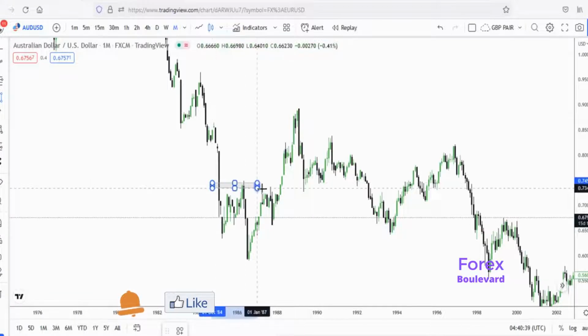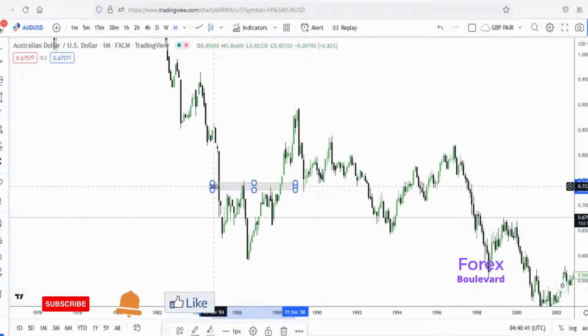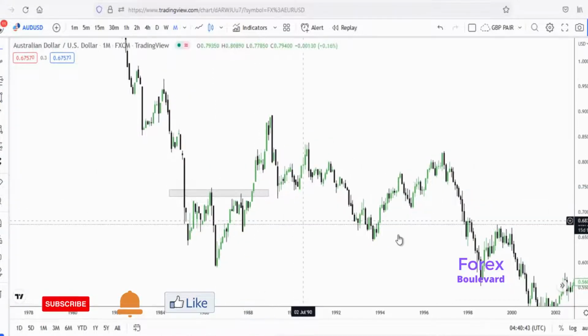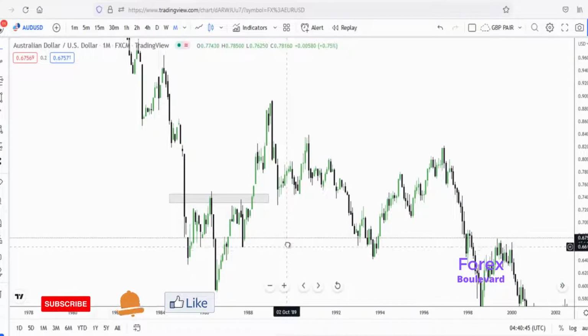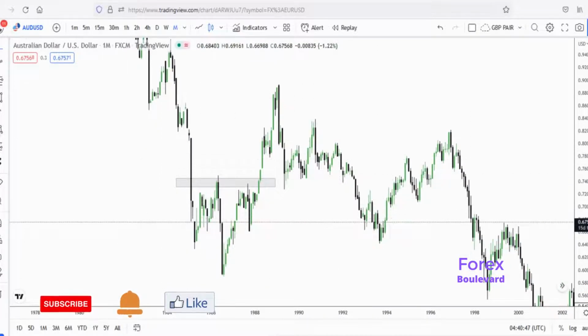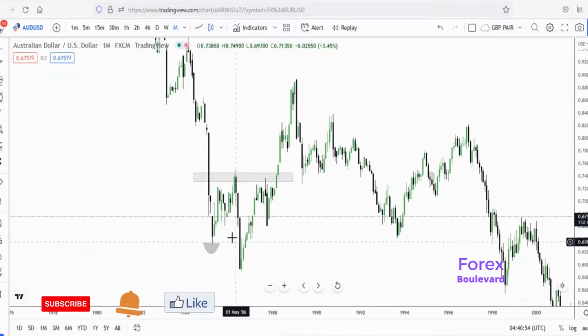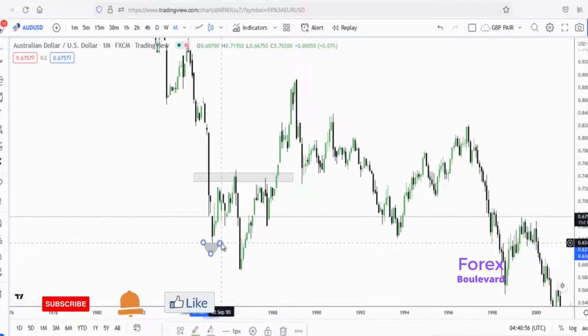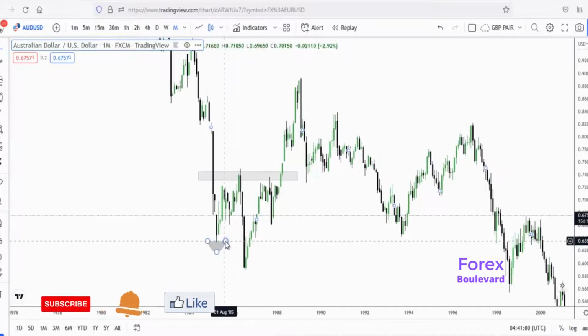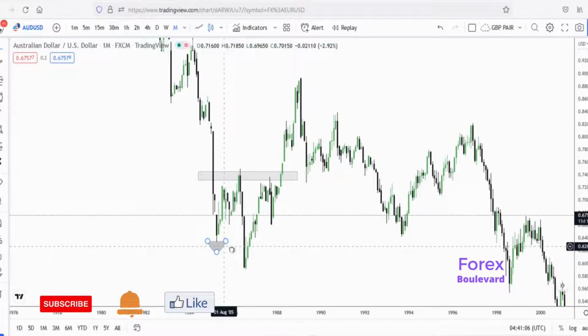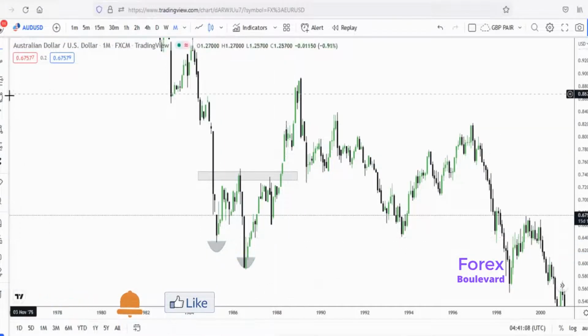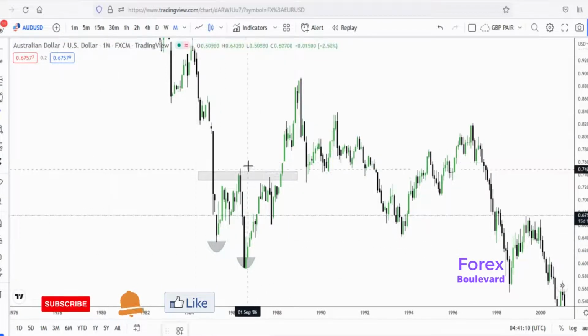We have one here, one here, and then this other one here, and then we have a neckline, of course.